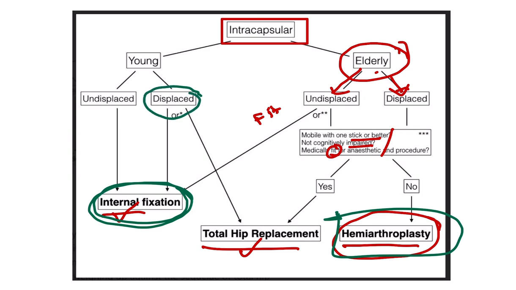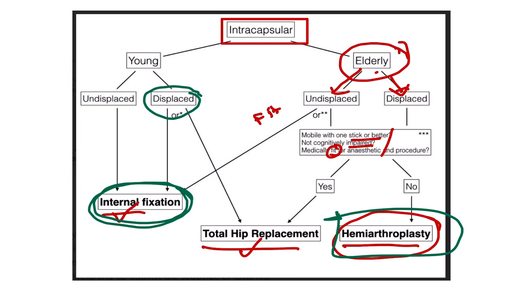In a younger patient, we always keep in mind internal fixation, but if there is severe displacement, in this case total hip replacement. In case of the elderly, if fit, then always try for total hip replacement, and in case of an unfit patient, hemiarthroplasty.